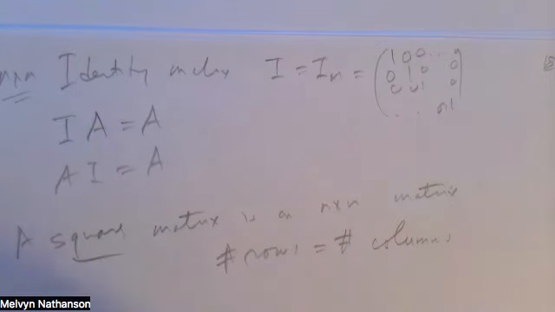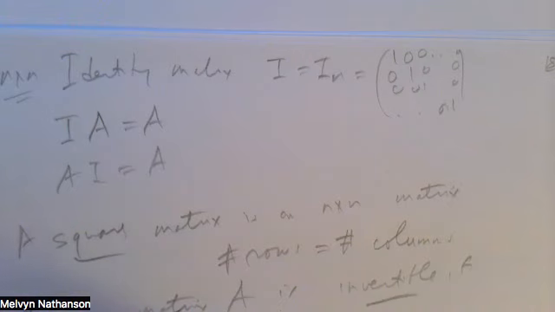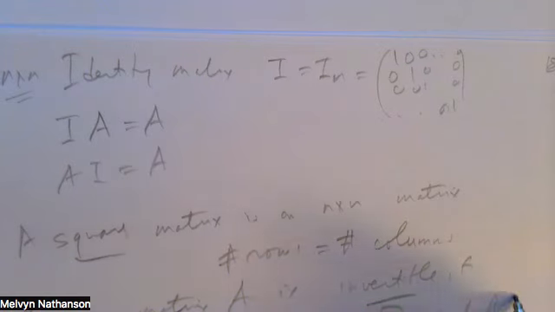And we say that a square matrix, an N by N matrix, A is invertible if there exists an N by N matrix B such that A times B equals B times A equals the identity.